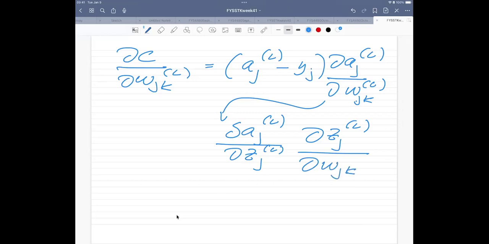So this is again the chain rule being applied. And if I use the sigmoid function, this is just going to be given by Aj. So if it is the sigmoid, it doesn't need to be the sigmoid. I'm just setting that one in because I get a simple expression. And then I have my AK of L minus 1.